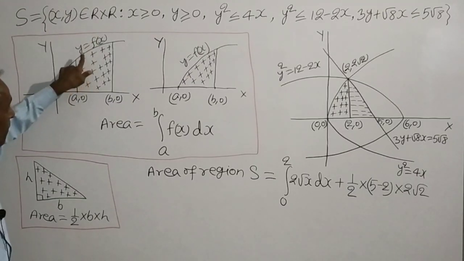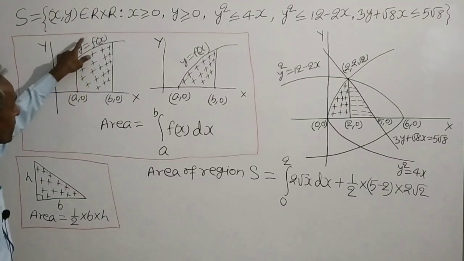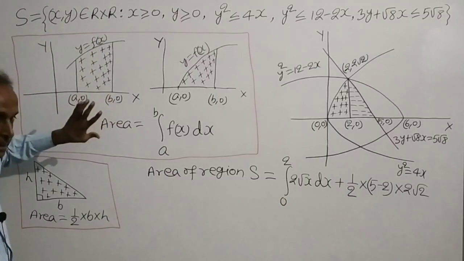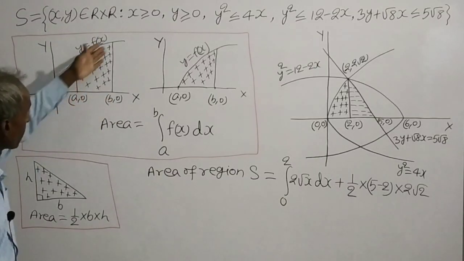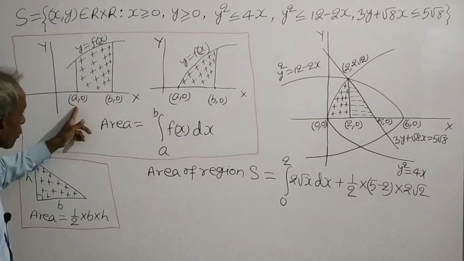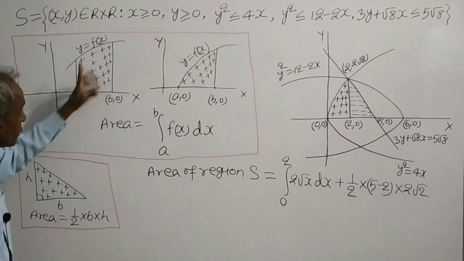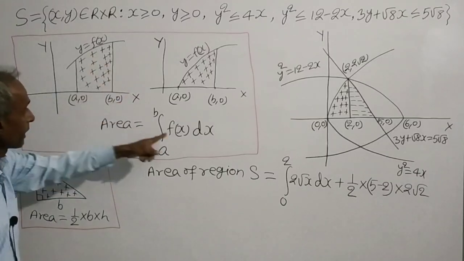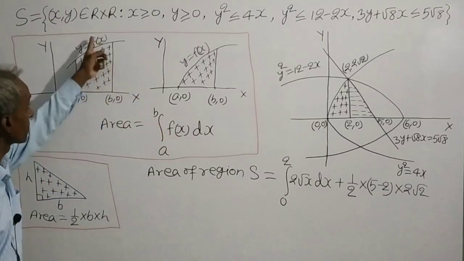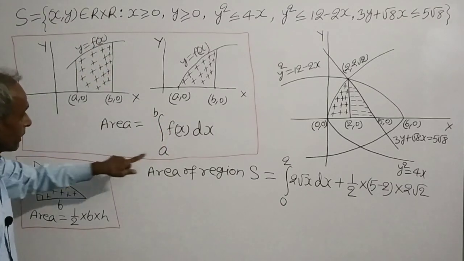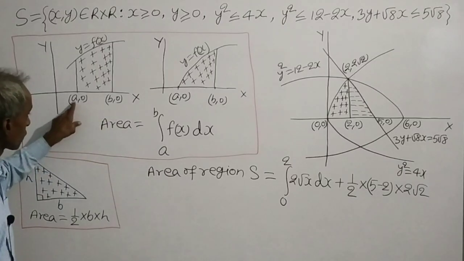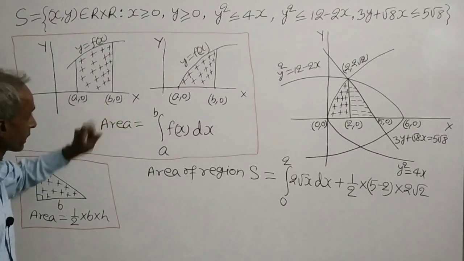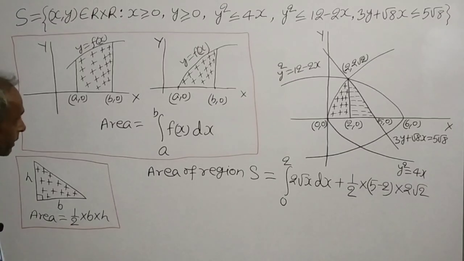Area bounded by y is equal to f(x), the x-axis and two vertical lines passing through (a, 0) and (b, 0) is given by this, where f(x) is this function, a is the x-coordinate of this point and b is the x-coordinate of this point.